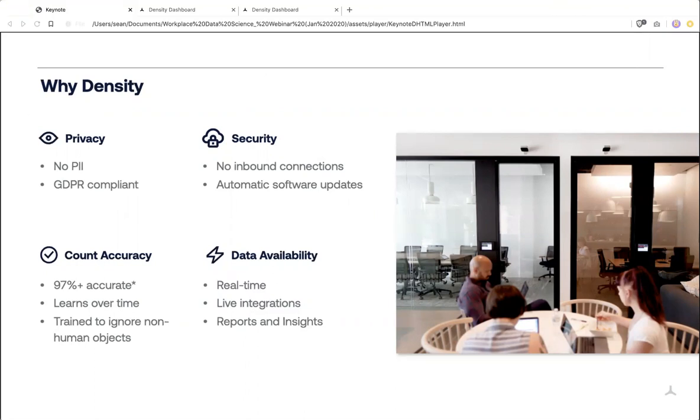Security, how accurate. So you can find things that are aggregate of heat maps, but if you really want to know how are different spaces actually being used and understand over and under capacity, things like that, you need actual accuracy to solve for these use cases. And then, of course, data availability. So integrations, and I'm going to tell you a little bit more about that in the next 2 slides.